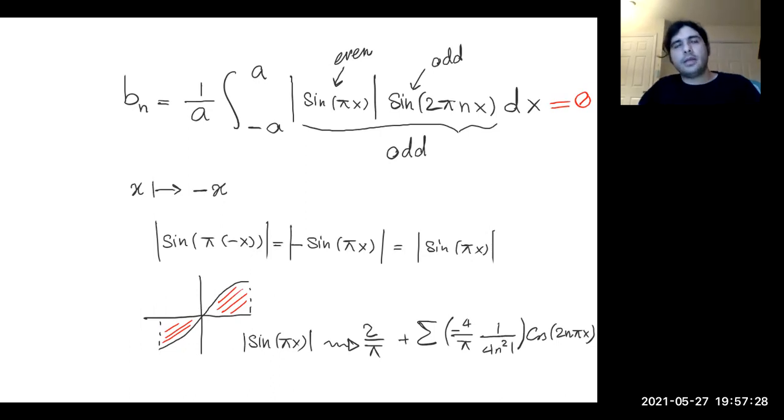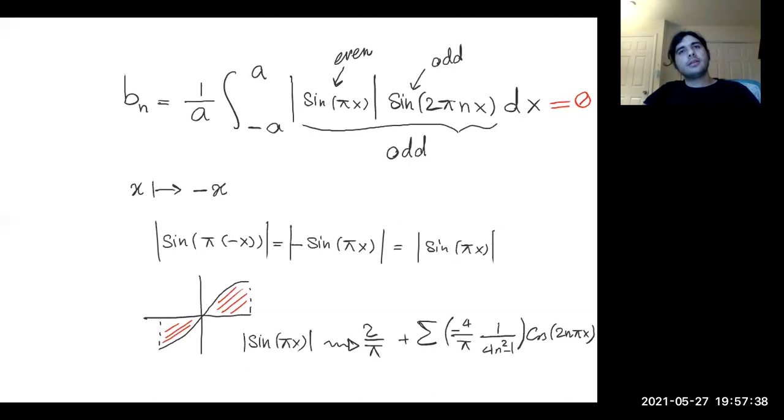So that would be the Fourier series for this function. Is there any question? And they are actually equal. The important thing here is that we have the equality. Okay, great.